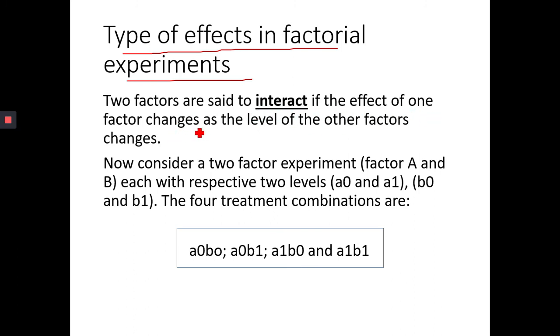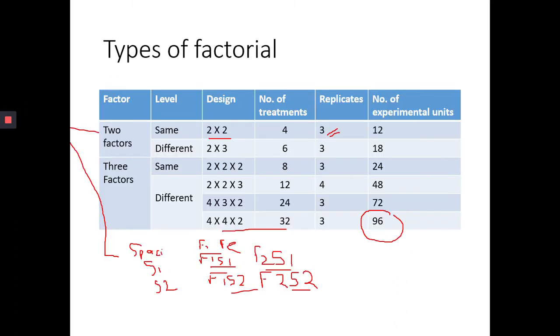Let me go back here. If we talk of spacing and fertilizer, we are saying spacing interacts with fertilizer if, for instance, we use spacing 1 with fertilizer 1, and yield is say 30 tons per hectare for S1 under F1.